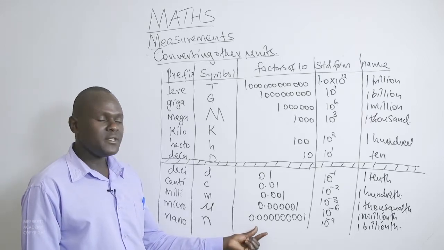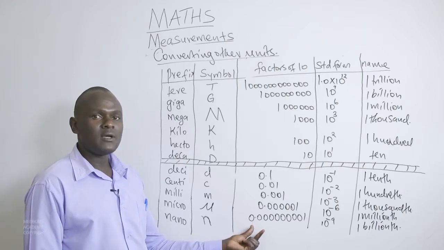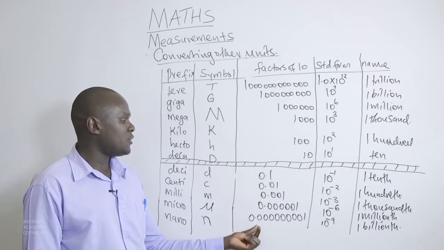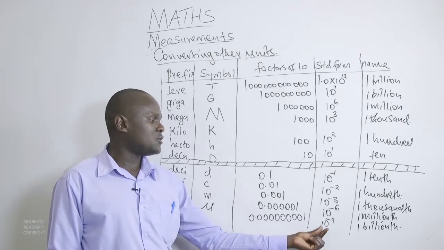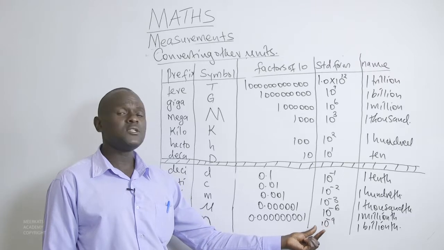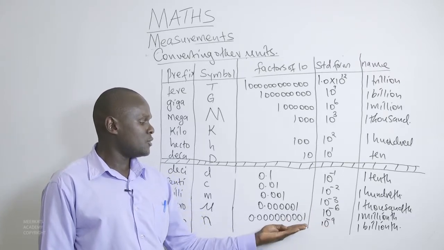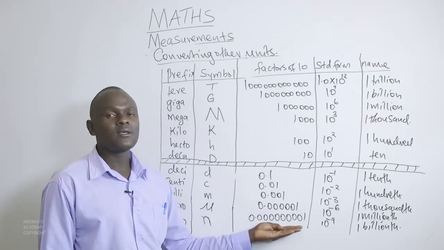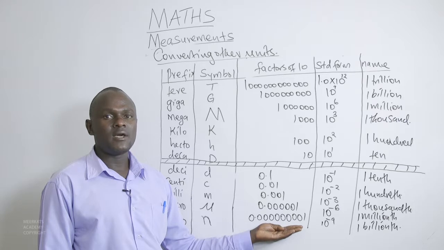In fact, when a quantity is given the value 0 point, all these zeros, or given the value 10 raised to power negative 9, it is a very small unit. When you write it literally like this, it loses meaning. It is undesirable.